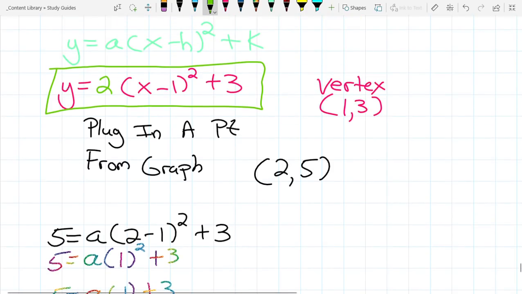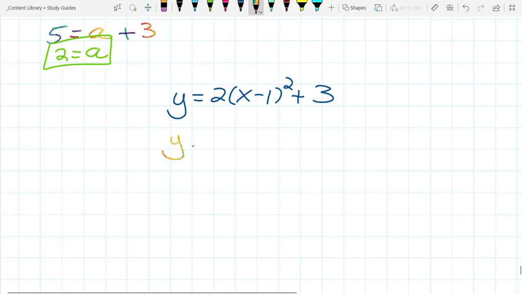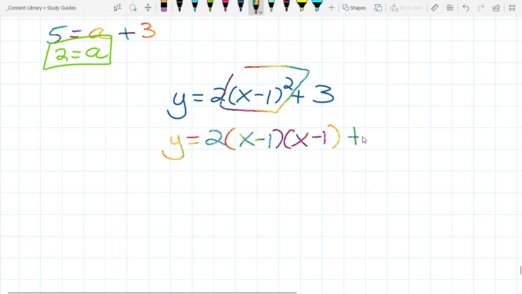If you wanted it in standard form, just in case anyone did it in standard form, you started with 2 parentheses x minus 1 squared plus 3. So you could have just stopped here. If you decided to keep working, that's fine. You would have had to expand this out, meaning you're going to have to figure out what x minus 1 squared is, which is really x minus 1 times x minus 1, which, if we multiply it through, gives you x squared minus 2x plus 1.